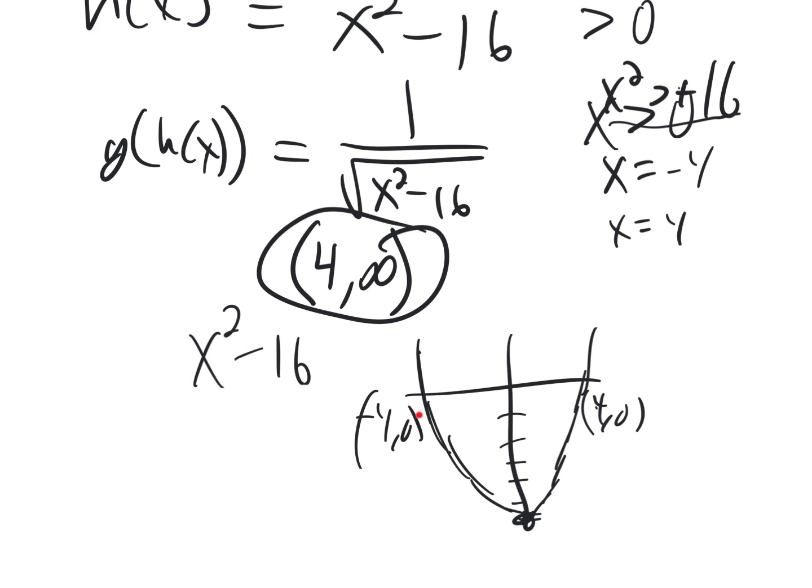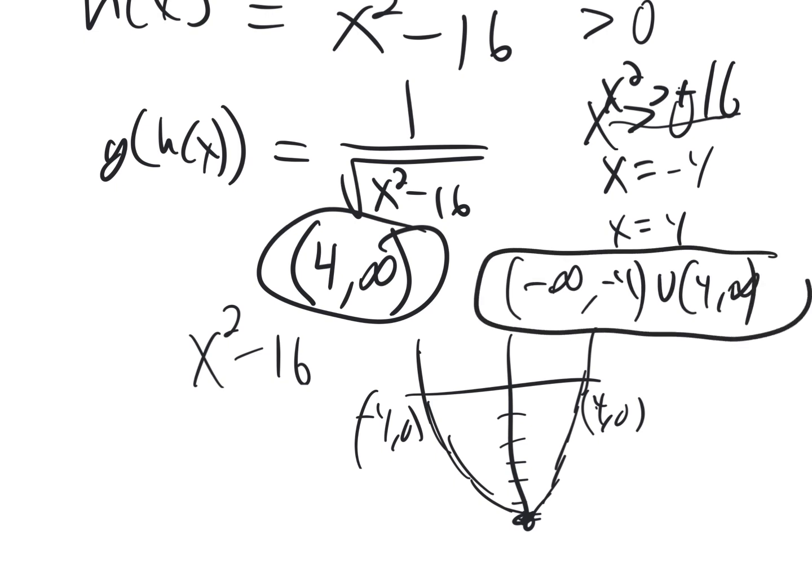Now that I'm thinking about this, when x is less than -4, I'm also going to get an answer because that turns positive. So I'm going to adjust my domain notation. I think the domain is going to be -infinity to -4, open for both, skip over from -4 to 4, and then 4 to infinity.